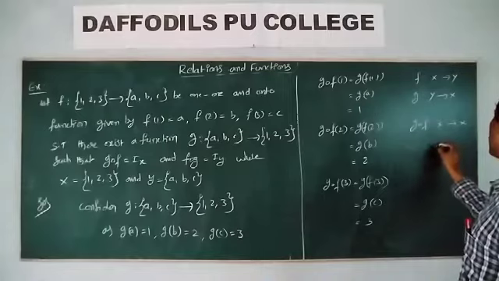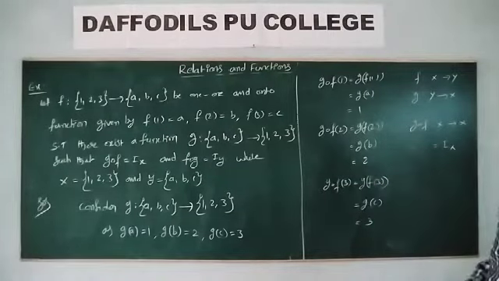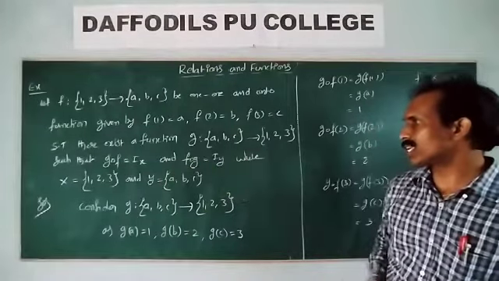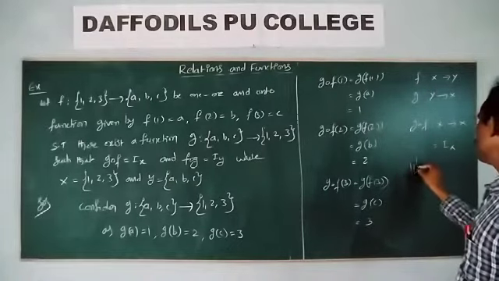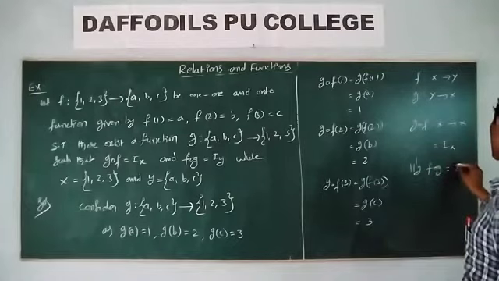This is nothing but the identity function. Such that we show that there exists a function such that g circle f is equal to Ix and f circle g is equal to Iy. Similarly, f circle g is equal to Iy also.